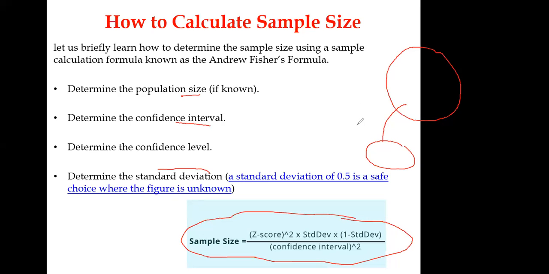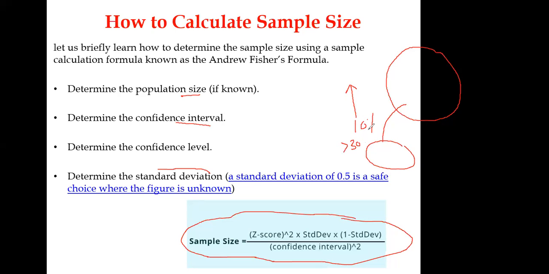Anyway, note this: if we are doing good research, we need to select at least 10% of our population. At least means we can go beyond 10%, maybe 20, 30 or 40. But if you are doing good research, we need to select at least 10%, and the sample size needs to be greater than 30.